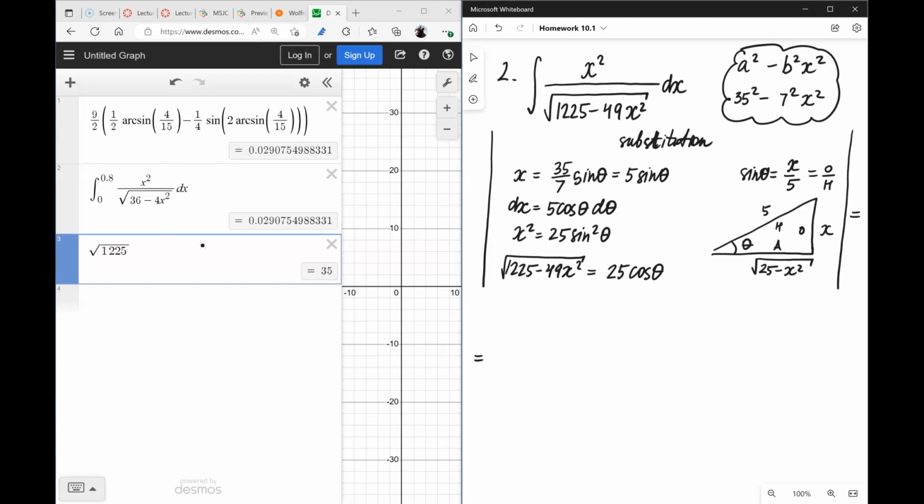The integral will now become, in terms of theta, 35 sine squared of theta divided by 35 cosine theta times dx, which is 5 cosine theta d theta.